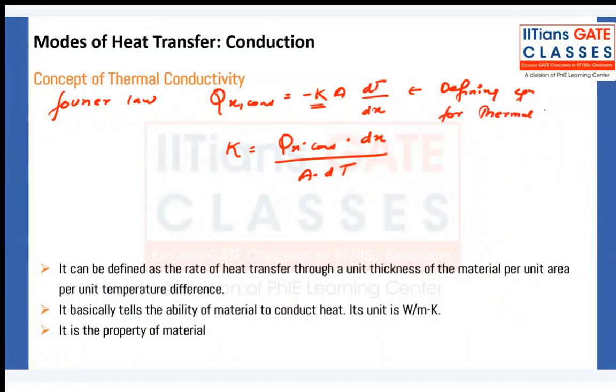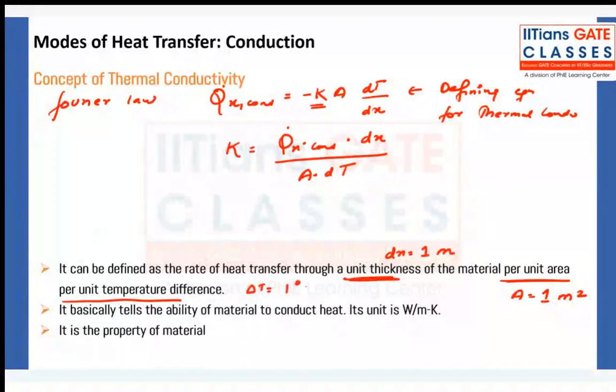How do you define it? The rate of heat transfer through a unit thickness, which means dx is equal to 1, of a material per unit area, which means area is equal to 1 meter squared, and per unit temperature difference, delta T equal to 1 degree Celsius.